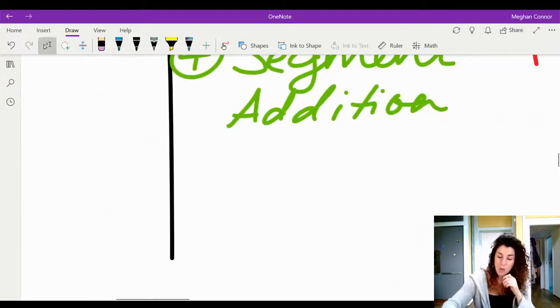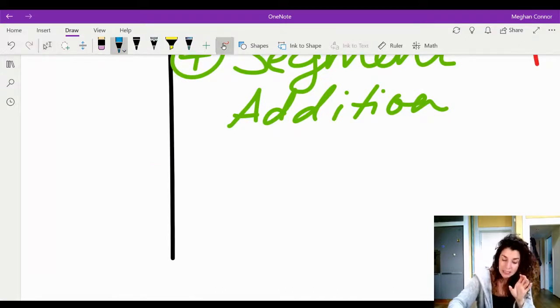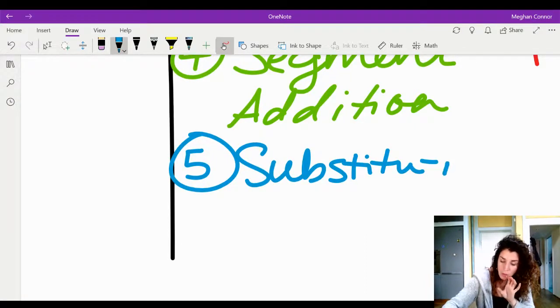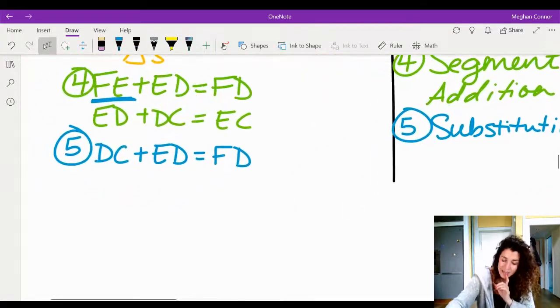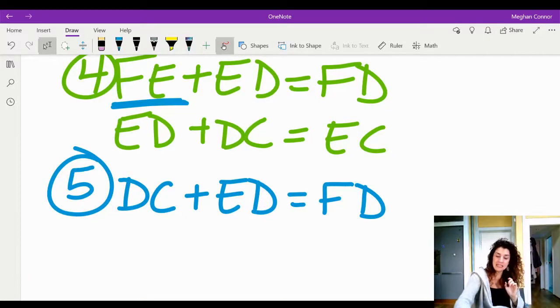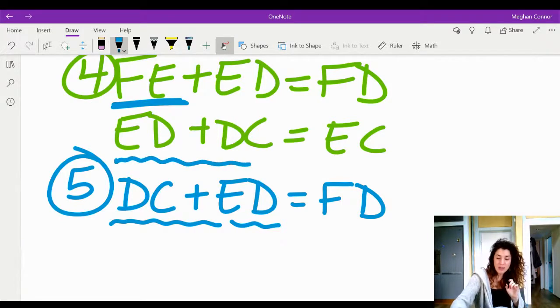If I'm just taking out one small piece and replacing it with another small piece, that is substitution. Okay. Taking a look back at what we have, DC plus ED and ED plus DC, because of the commutative property, those are interchangeable.